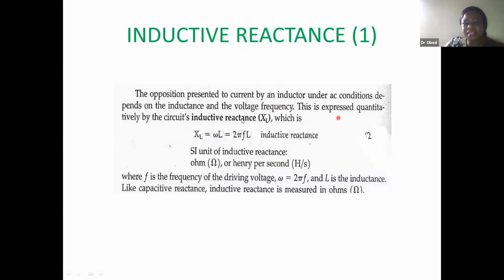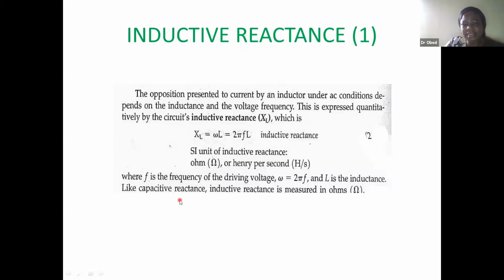This is expressed quantitatively by the circuit's inductive reactance, denoted by XL, which is given by this equation: XL equals omega L equals 2 pi F L. The SI unit is ohm, where F is the frequency of the driving voltage as before, omega is 2 pi F, and L is the inductance.